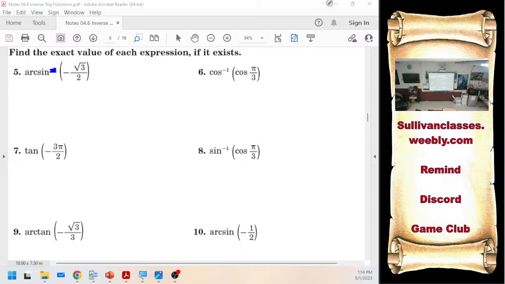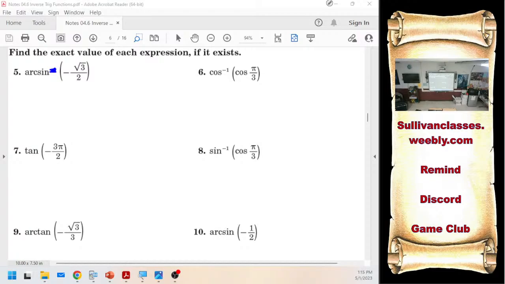Wait, what? That's not a value. Look at the function. See, once we start mixing them all together, it's just regular tangent, dude.